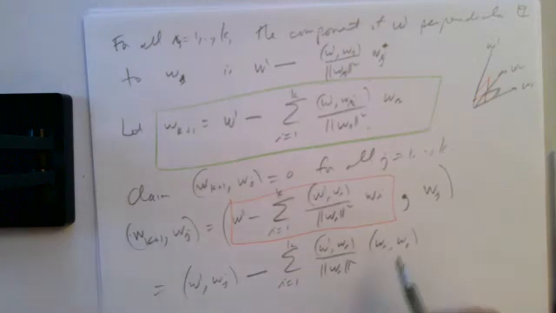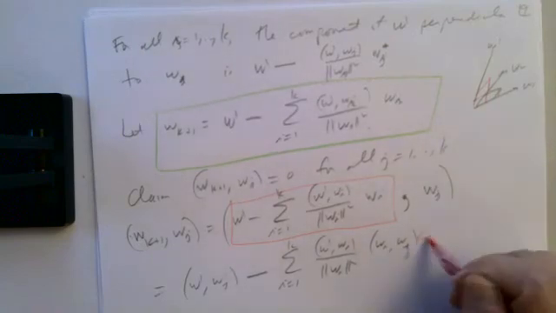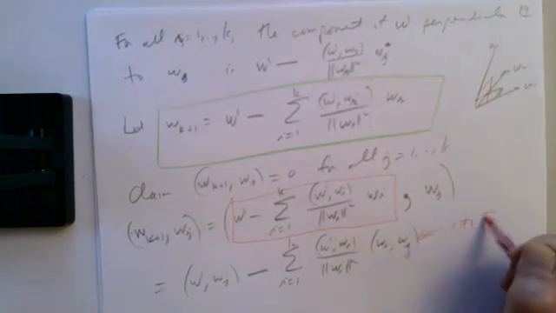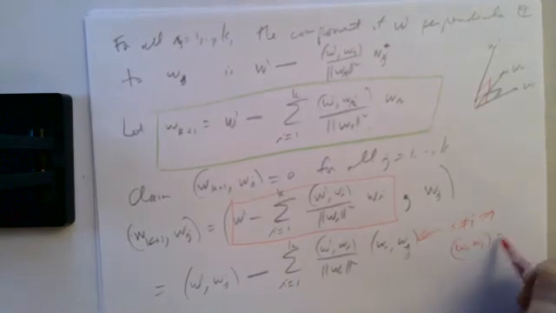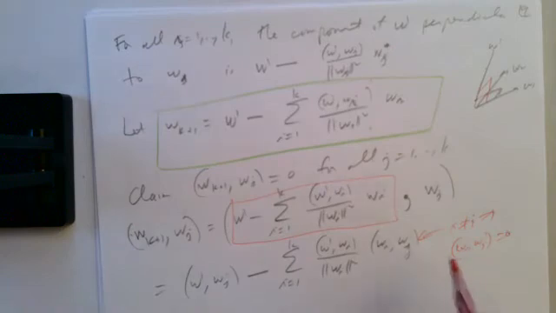Now, what is this? Well, if i is different from j, that means that the inner product of Wi and Wj is 0, because W1 up to Wk are orthogonal. So the only time you get a non-zero term is when j equals i.